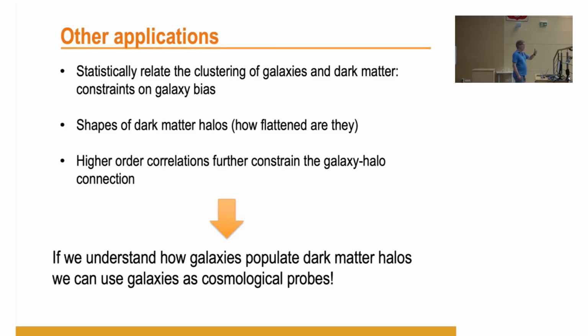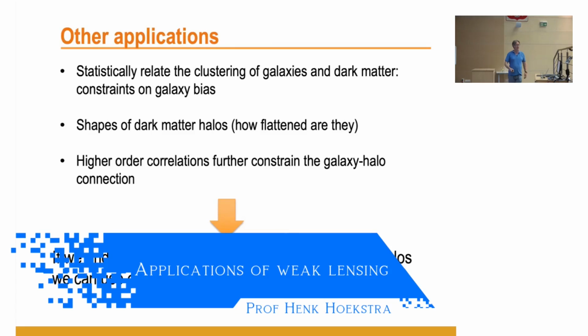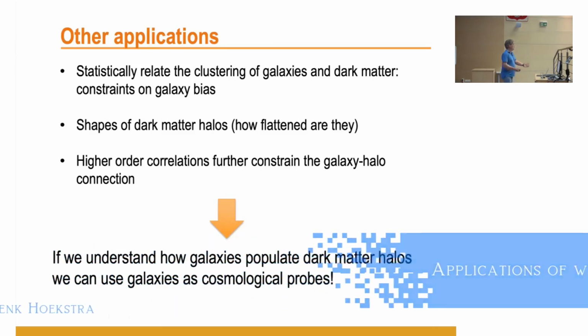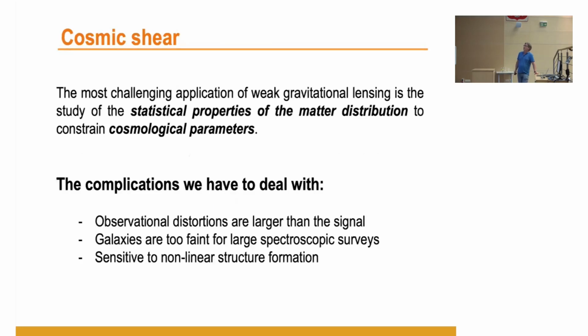So this is where galaxy lensing and the properties of galaxies becomes ever more important. The whole field is moving towards incorporating these clustering measurements, and effectively the role of lensing changes into setting the mass scales, basically defining how galaxies populate dark matter halos empirically, and once you figure that out, you can do cosmology with galaxies.